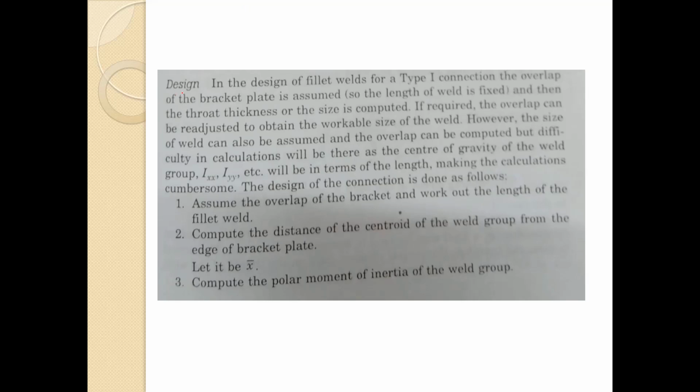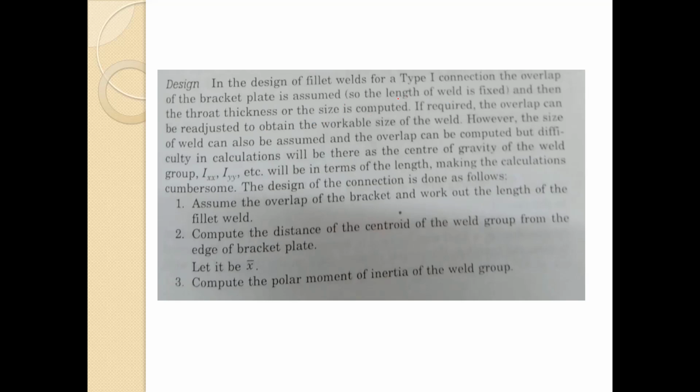Now the design of this kind of connection. In this design, the fillet weld overlap on the bracket plate is assumed. The length of the overlap is assumed. So the length of weld is fixed, and then the throat thickness or the size of weld is computed.